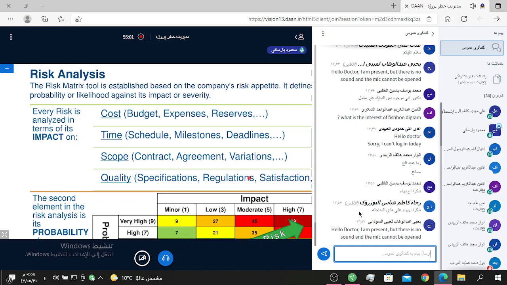First one, cost, such as budget, expenses, reserves, and others.